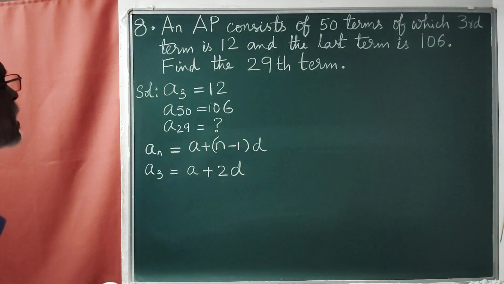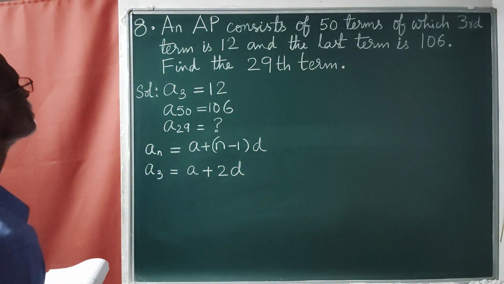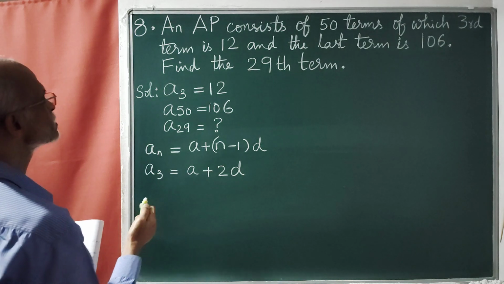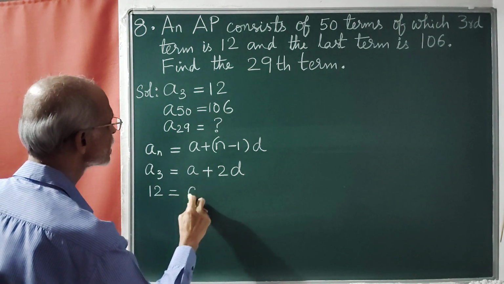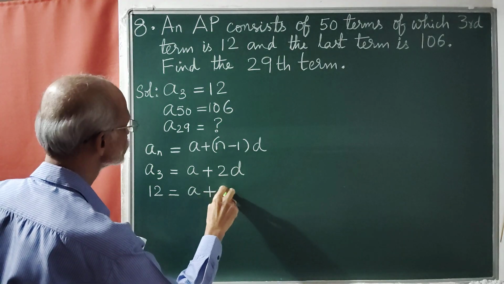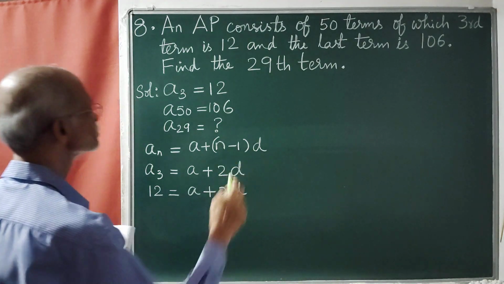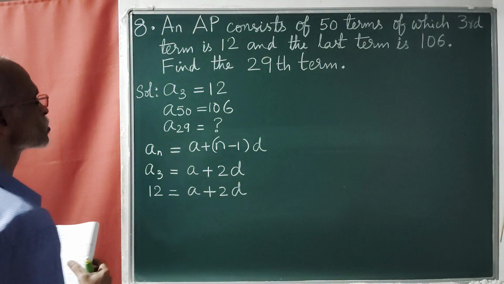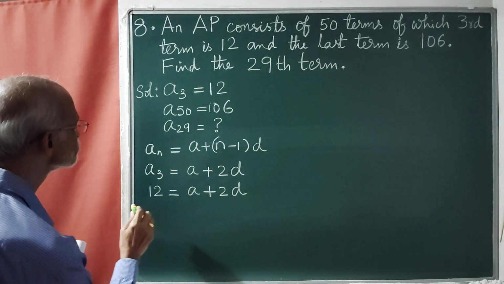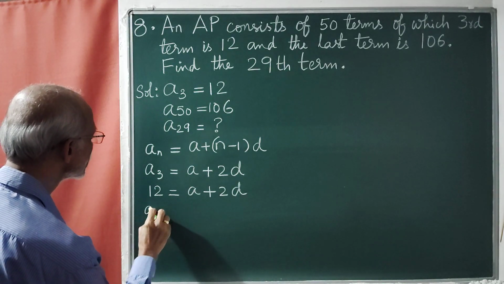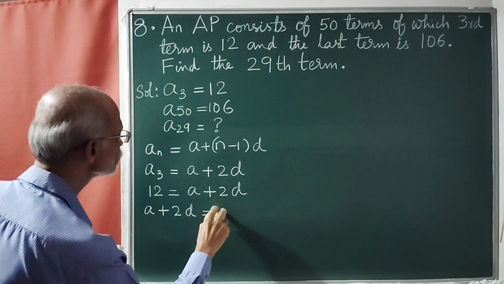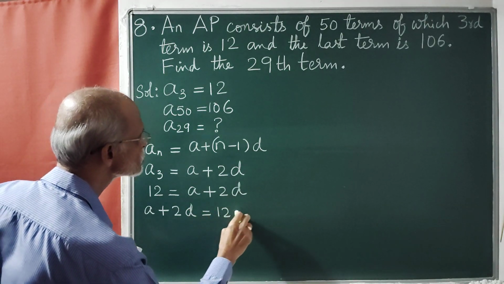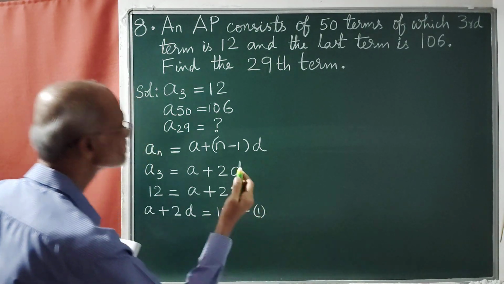A3 is equal to A plus 2D. So what is A3? 12. 12 is equal to A plus 2D. Now I will write the equation. A plus 2D is equal to 12. This is the first equation.